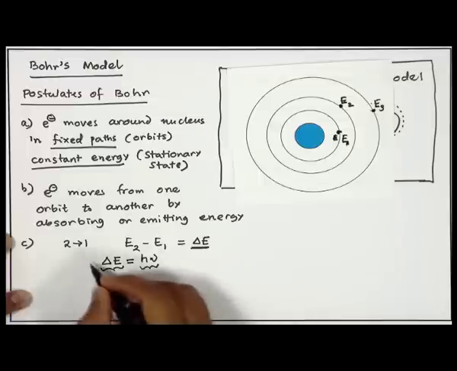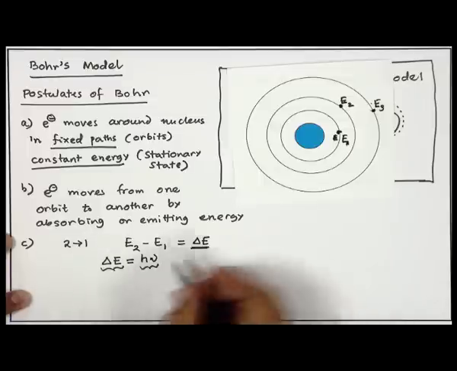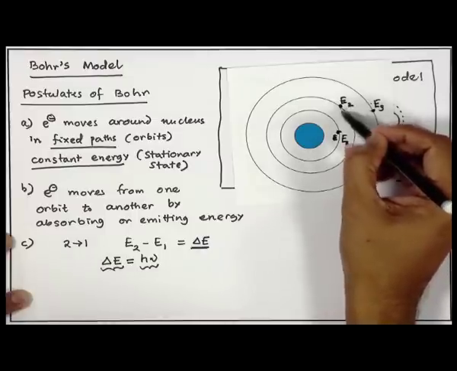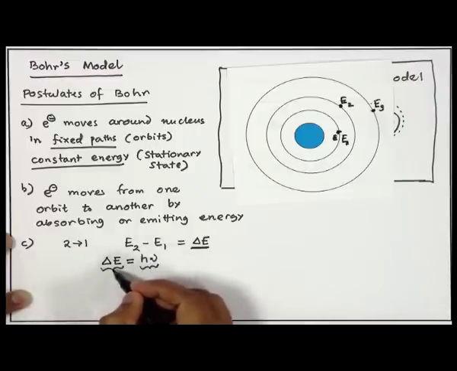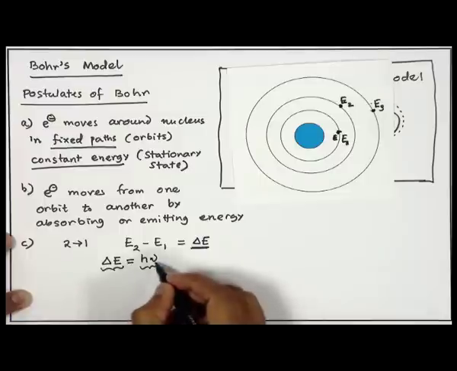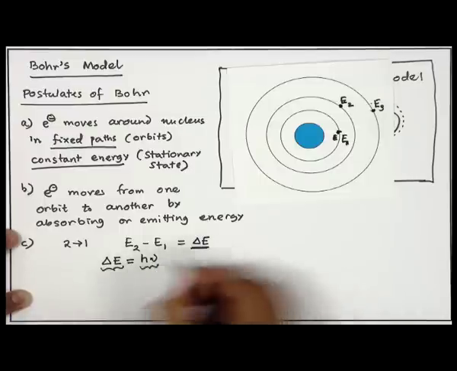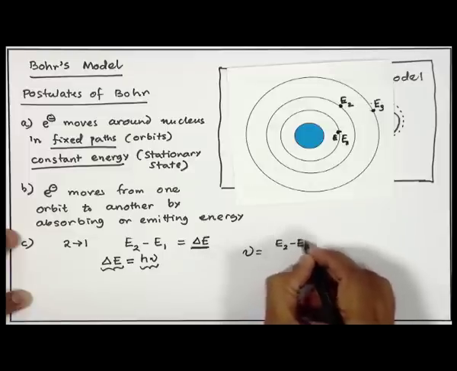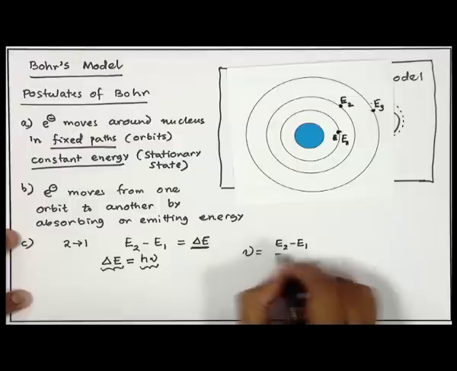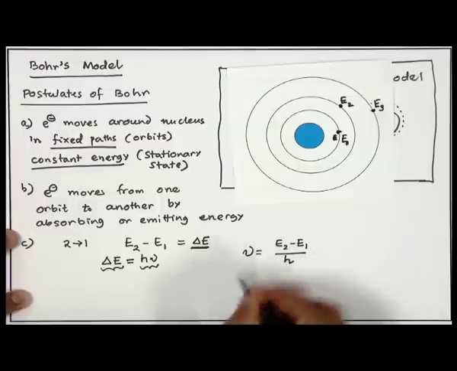So, this is what Niels Bohr suggested, that if the electron is coming from E2 to E1, it will emit a radiation of frequency nu such that h nu is delta E. Right. So, if we know nu, which is now E2 minus E1 divided by h, that is delta E by h.